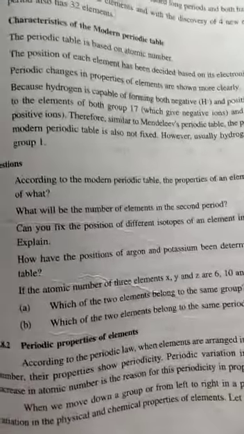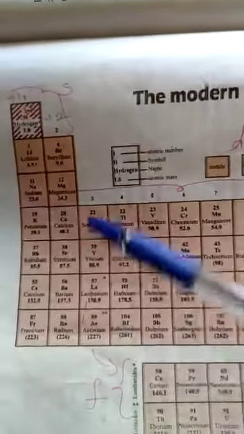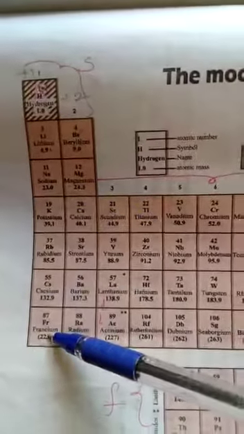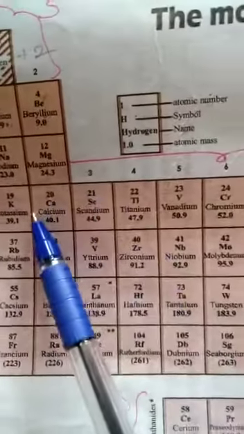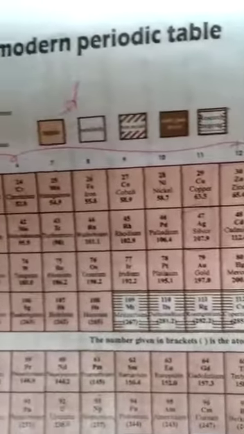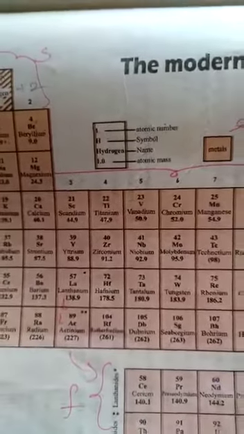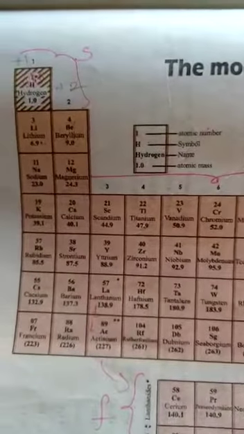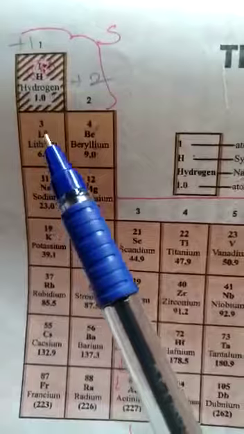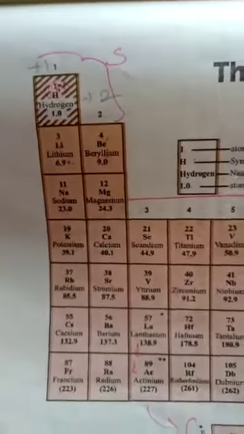Vertical columns are called groups. When we move down a group or go from left to right in a period, there are some variations, and the physical and chemical properties depend upon the atomic number and electronic configuration.